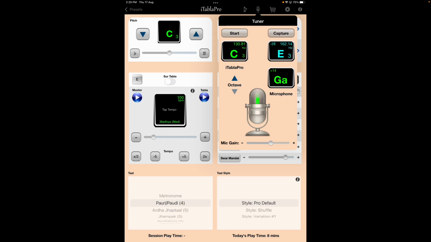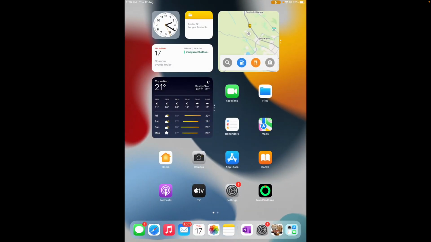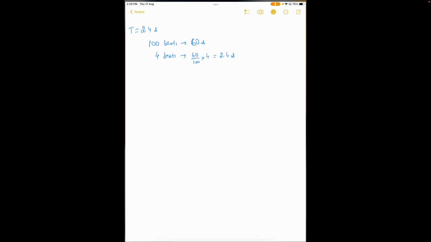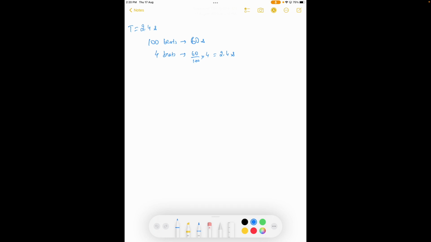Any questions? Otherwise, we'll move to our next topic. In the last class I asked one question. Harmonics are missing. Why are the harmonics missing?